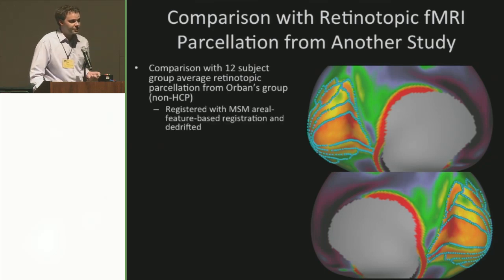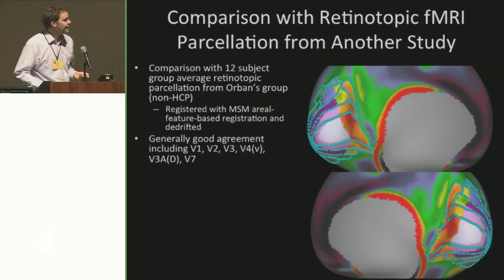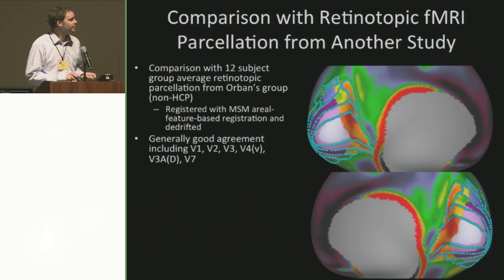So both data sets were registered, again, with MSM areal feature-based registration and de-drifted, so we should expect very good agreement between the boundaries. Indeed, we see very good agreement between V1 to V2, V3, V3A, V7, and V4, really along the paracentral region.